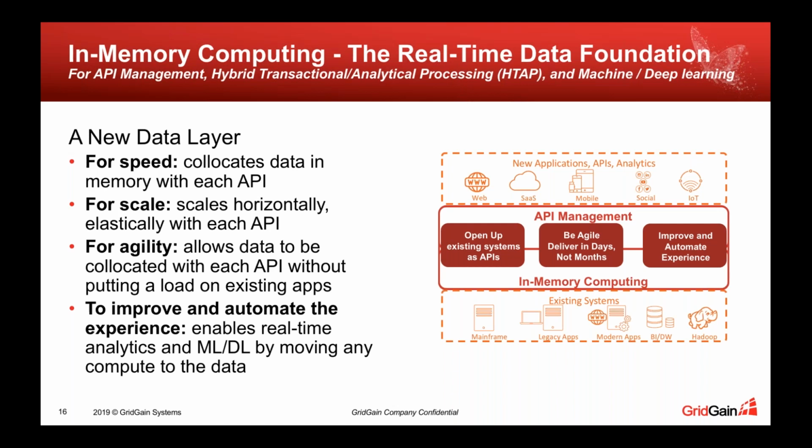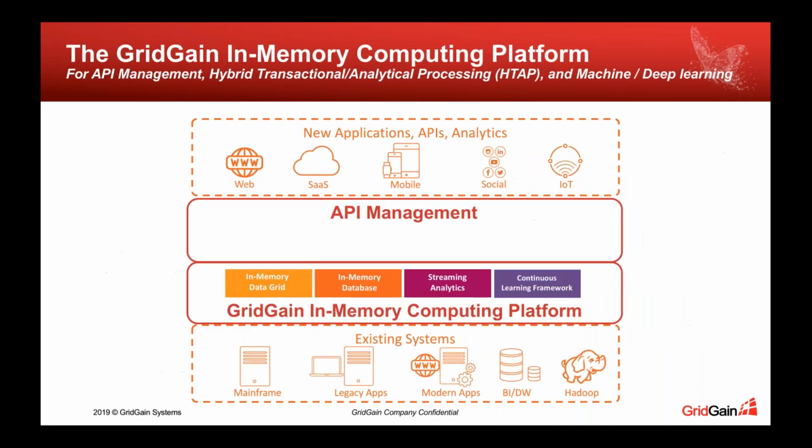So they built out some kind of in-memory computing layer, no matter what technology they're using, to be able to do those four things. Part of the reason GridGain looks the way it does as an in-memory computing platform is because projects like API management have shaped it to be that.